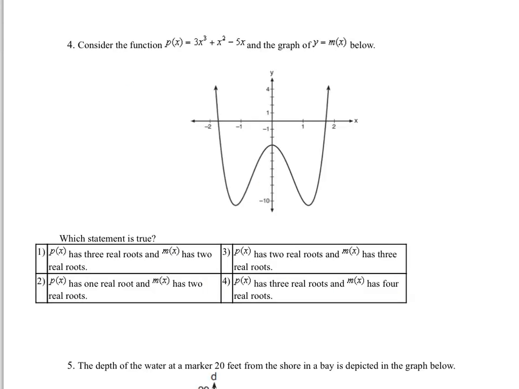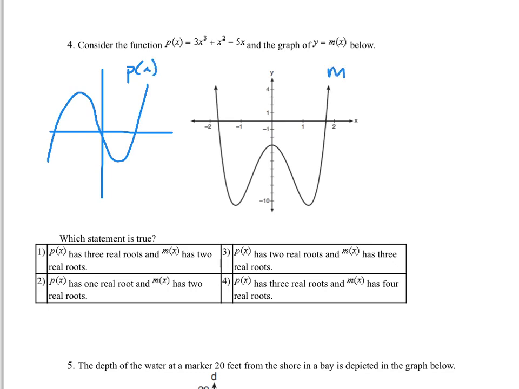So they gave you the equation for p of x. So all I did was put that in my y1 in my calculator, and I got a picture. The picture kind of looked like this. Okay, and then let's call this p of x. If you look at the multiple choice options, you see that they're talking about roots.